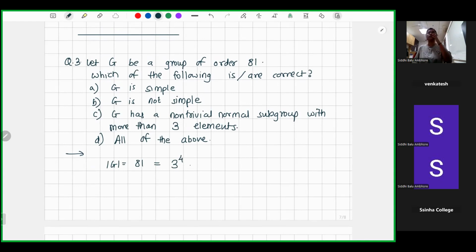Okay, so which one of the options is definitely false here? This is some p power k, right?